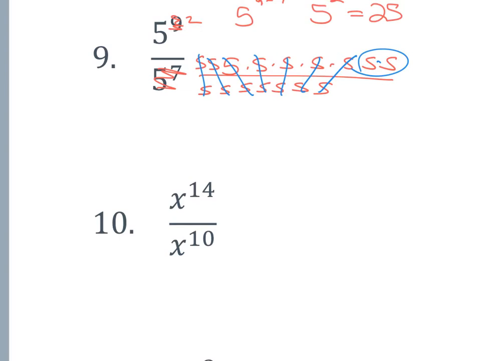Okay, again, same thing with the x's. I could write out 14 x's and 10 on the bottom. For these, it might be a lot easier just to do 14 minus 10, and it's x to the 4th. Or again, take out 10 and leave 4 behind. Either way.